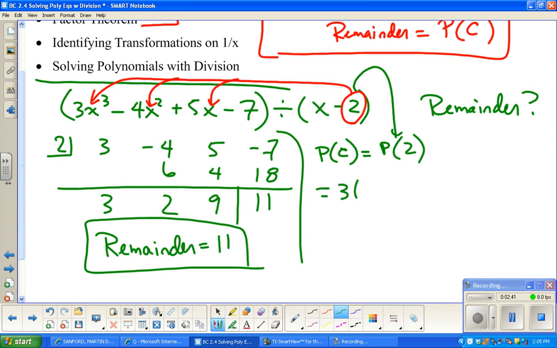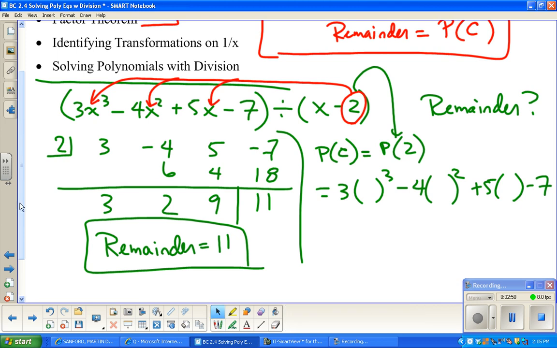Okay, so here we go. It's just 3 times something cubed minus 4 times something squared plus 5 times something minus 7. Like my use of the verbiage here. And that something is just 2, whatever would have gone in the box, that opposite.